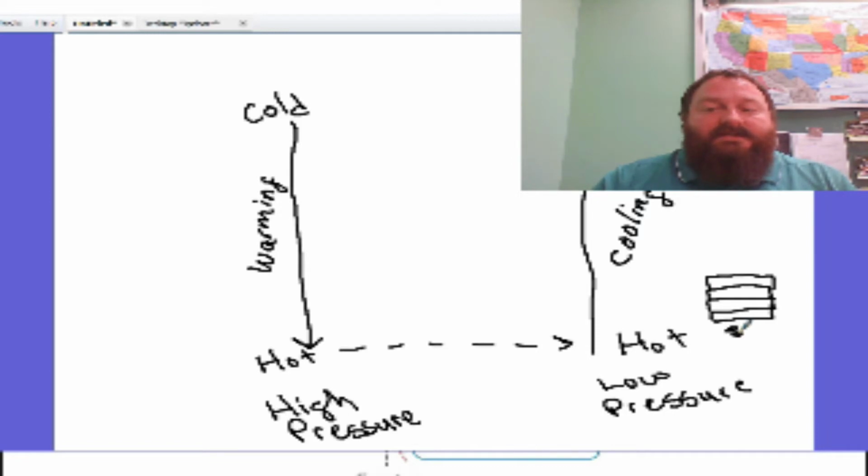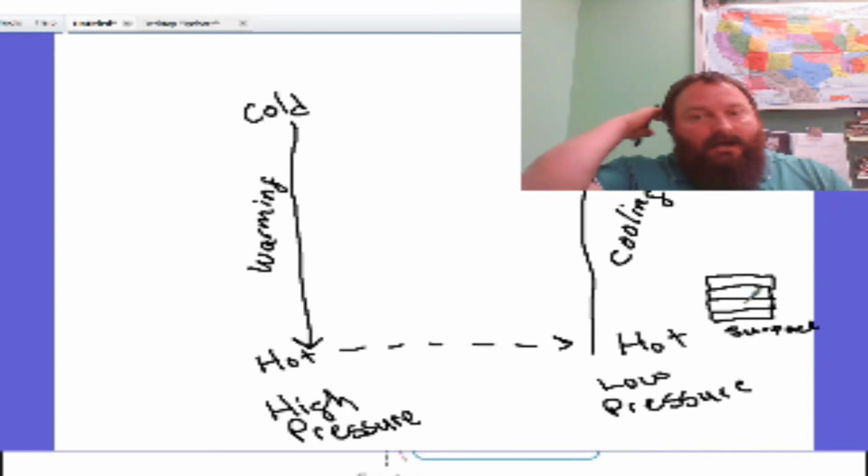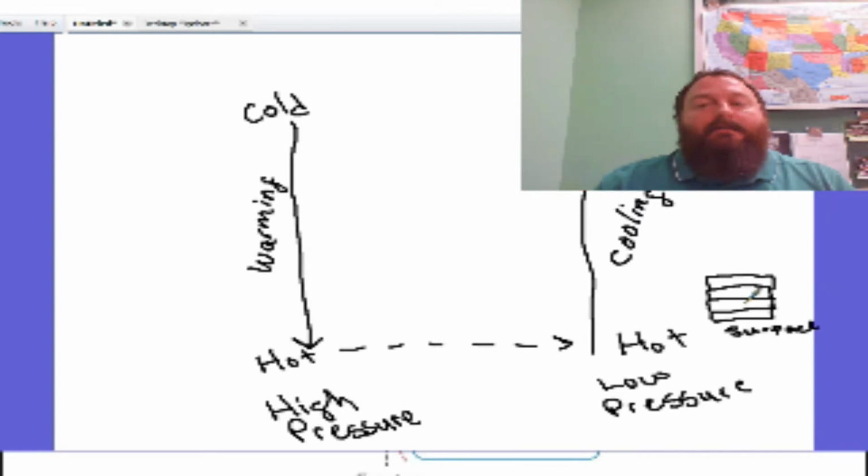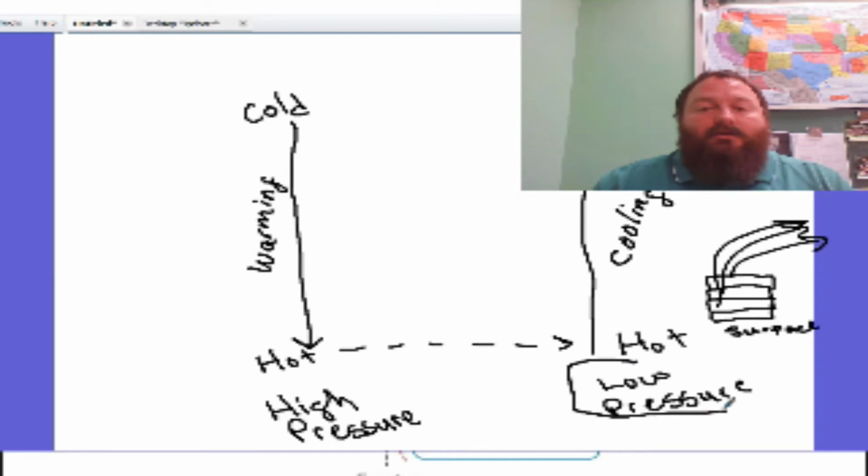So if this is the surface down here, and I have all of these stacks of air going up on top of it, that's a pretty high pressure down below it. But as I start pulling these off and removing them, the more I remove and allow to rise up in the sky, the less pressure I have on it. So I end up with an area of low pressure where that hot air started to rise up.